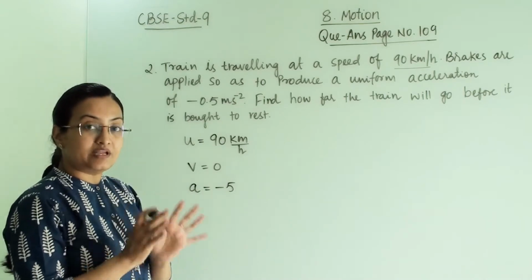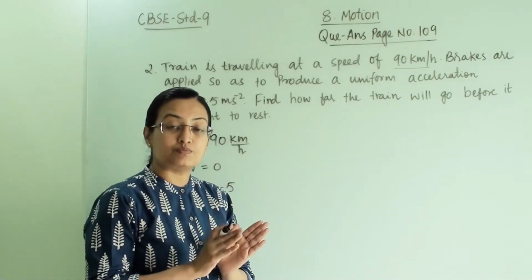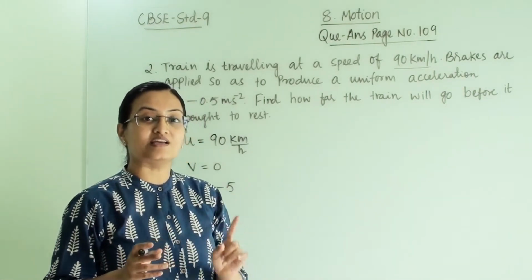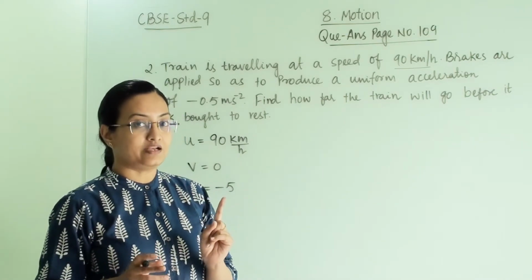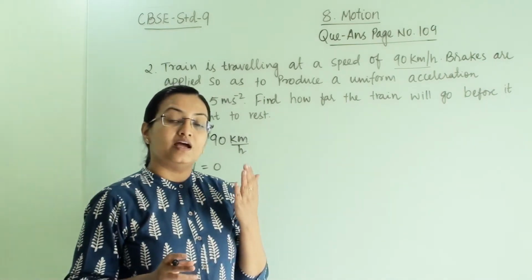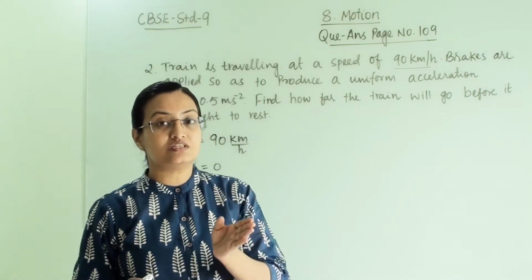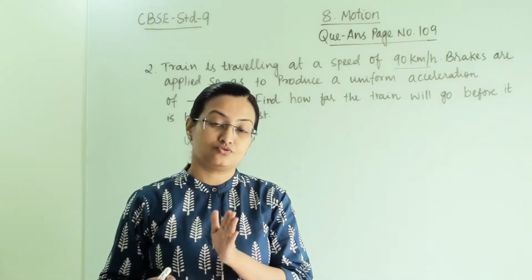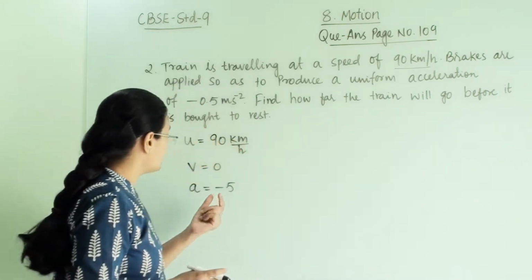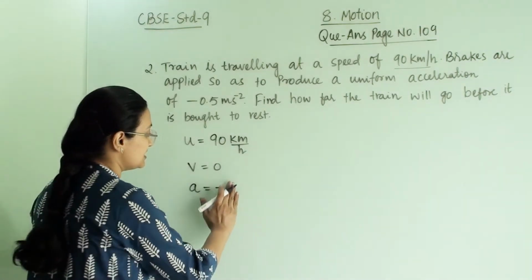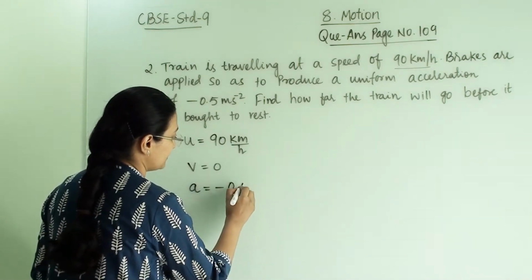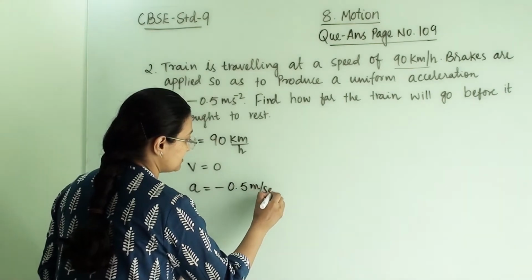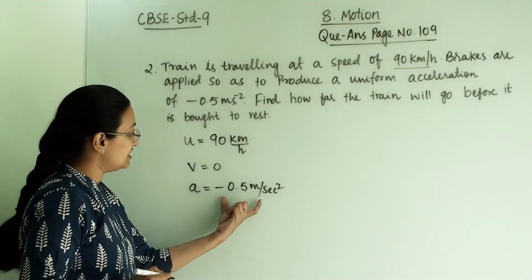Whenever the brake is applied and the speed is decreasing, acceleration will always be negative. What is acceleration? Acceleration is velocity along with the direction. So acceleration is negative, that is 0.5 meter per second square. So this is negative acceleration.